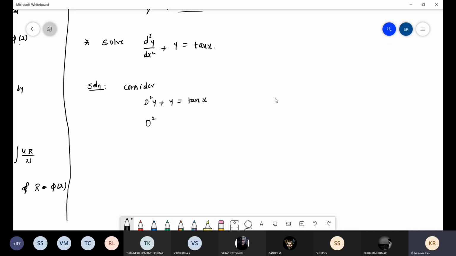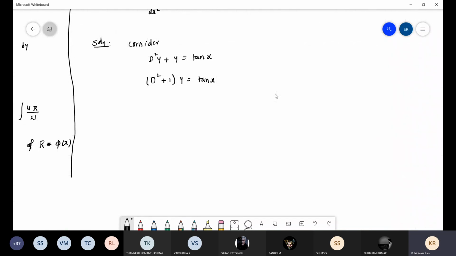Take y common: D square plus 1 into y equals tan x. What is the auxiliary equation? M square plus 1 equals 0, so M square equals minus 1, M equals plus or minus i, because of the square root.